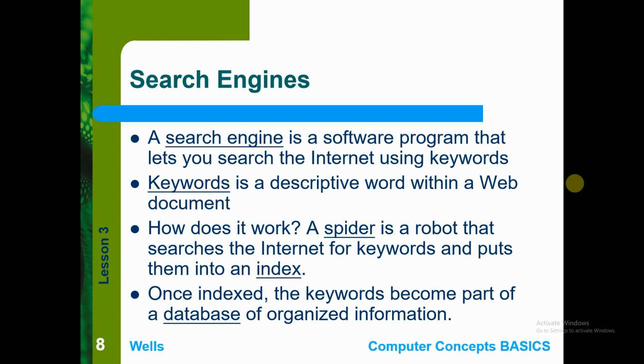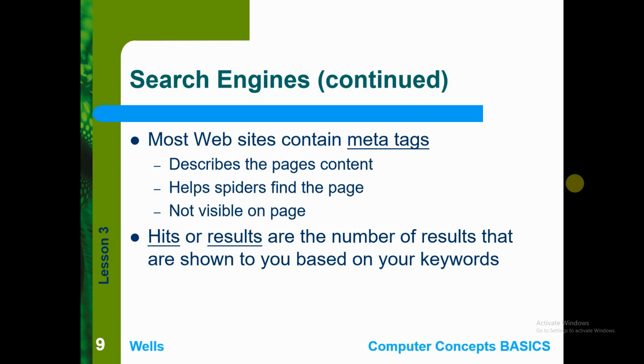The search results are a list of websites that are relevant to the keywords. So they put them into an index from a database; the spider gets the relevant information in an organized pattern from the database and displays it to the end user through a list or index.